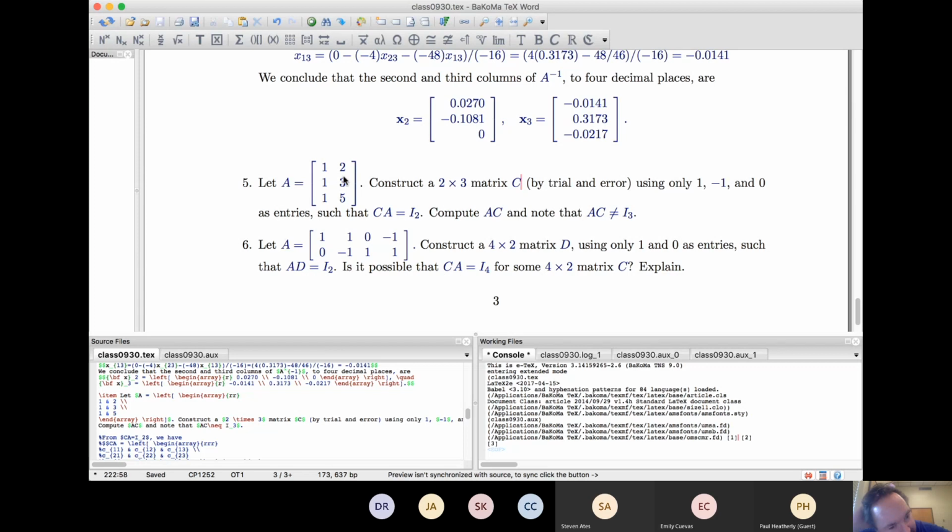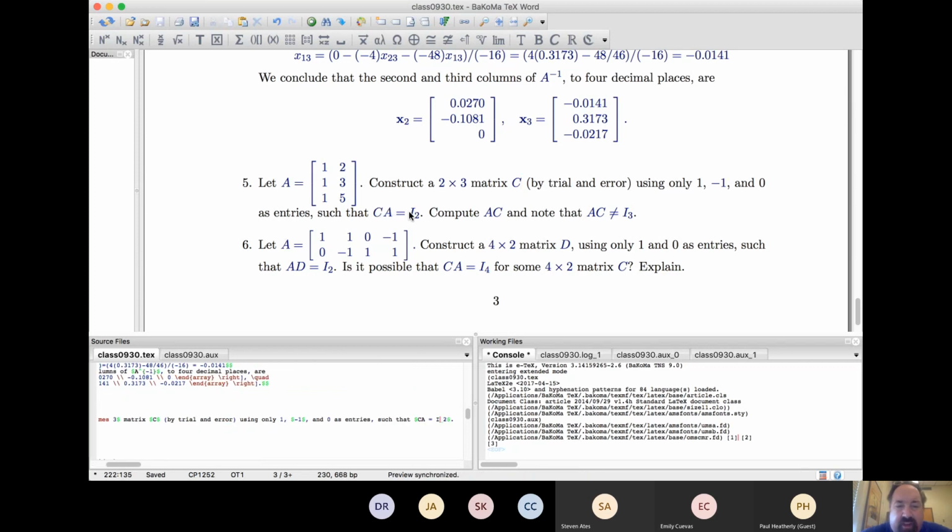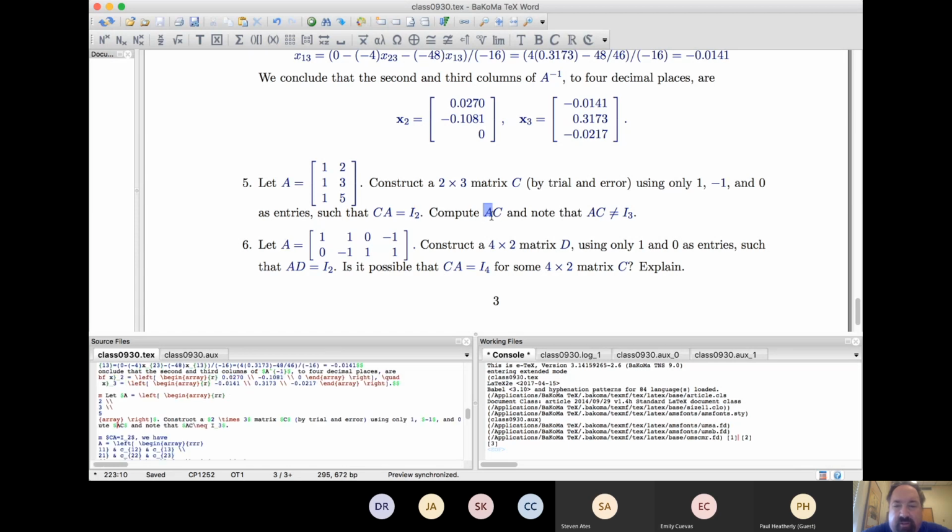But it may be possible to get a one-sided inverse. So I can find a matrix C that I can multiply A with on the left and get the 2 by 2 identity. But then what we'll find is, because A is not square, that going the other way, A times C, will not give you the identity as well. So we still can't think of it as an inverse.